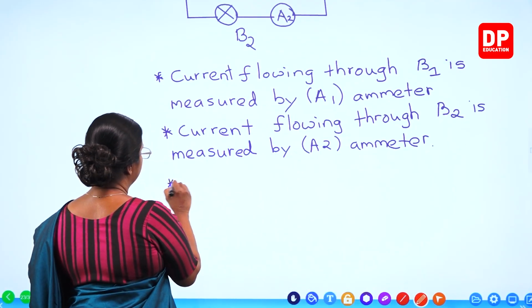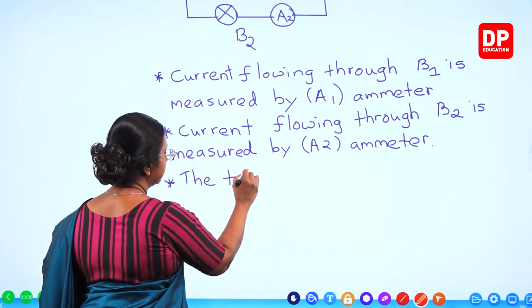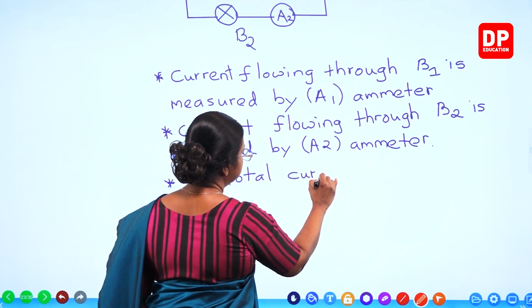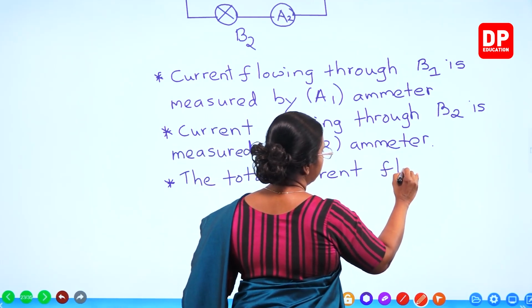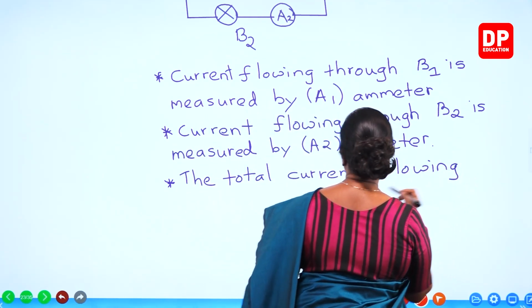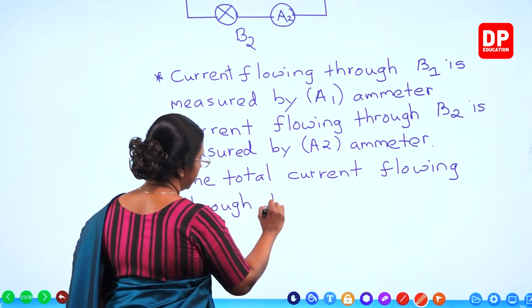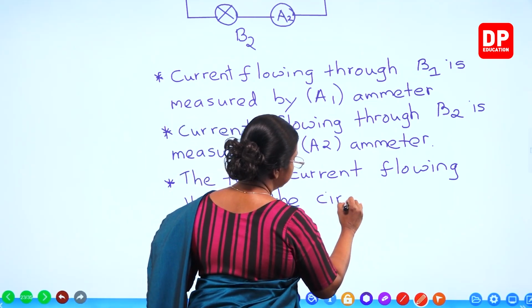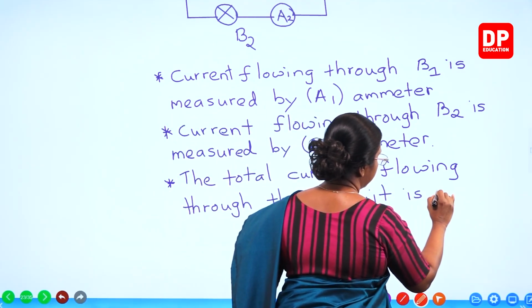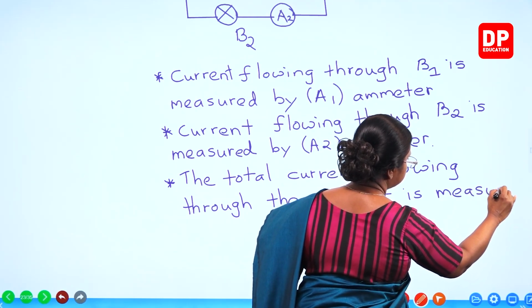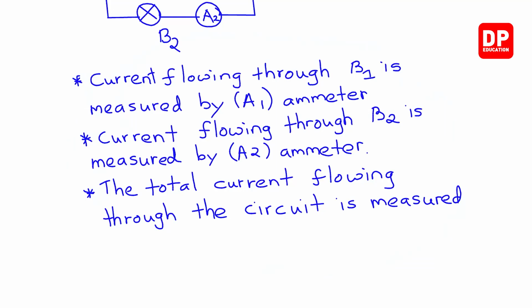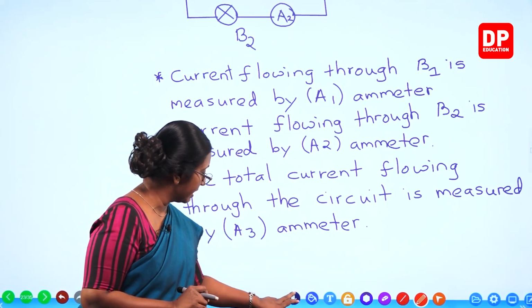And the total current flowing through the circuit is measured by A3 ammeter. So you have to remember that, students.